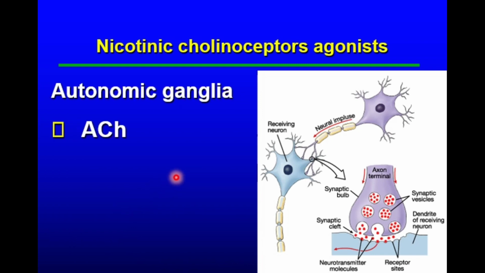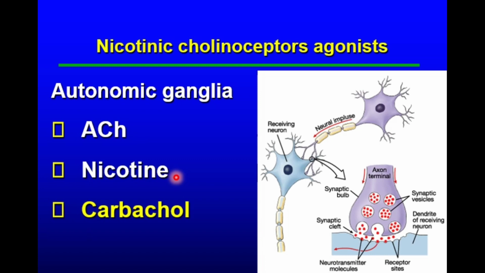Acetylcholine, nicotine, and a drug called carbachol activate nicotinic receptors of ganglia and evoke cell depolarization.